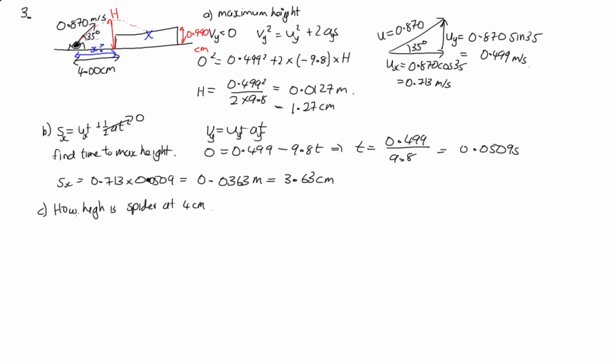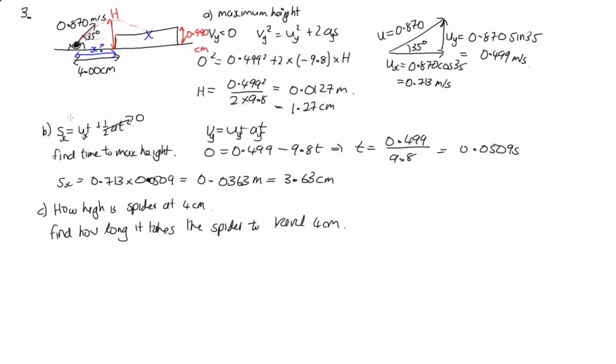So if we can work out the time it takes for the spider to travel the 4 centimeters, then we can work out, using this equation with the vertical components, how high the spider is. So find how long it takes the spider to travel 4 centimeters.